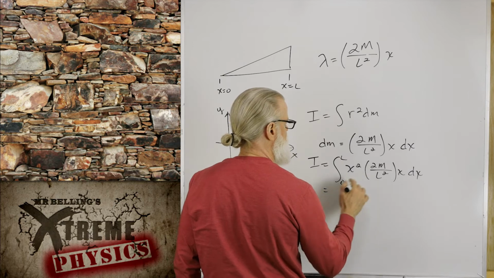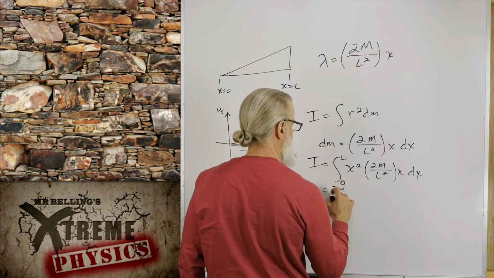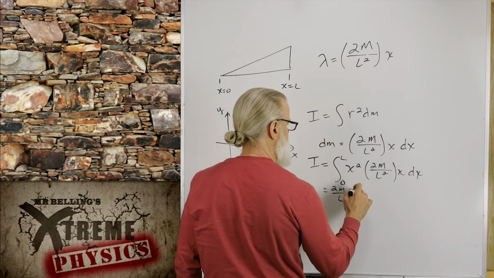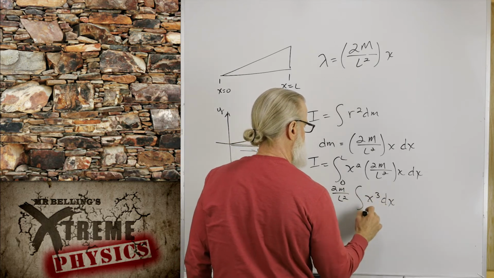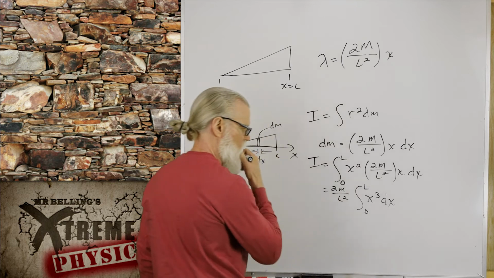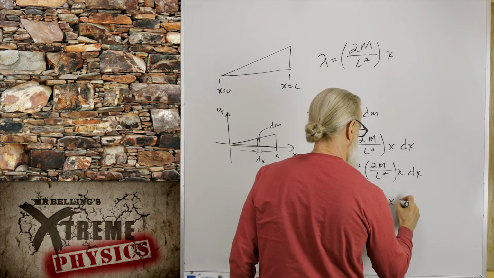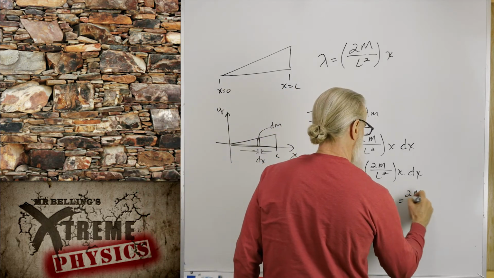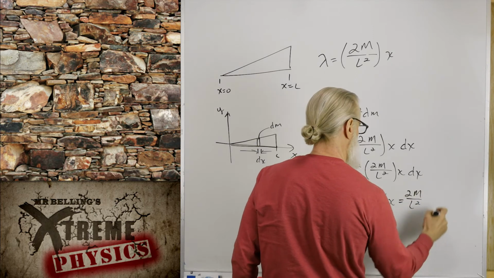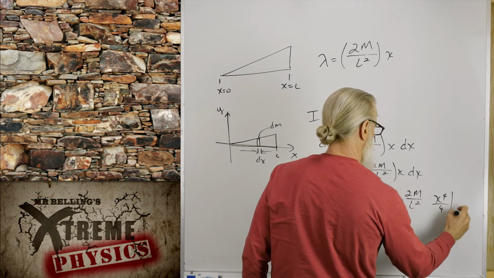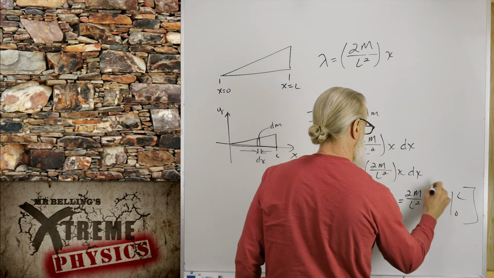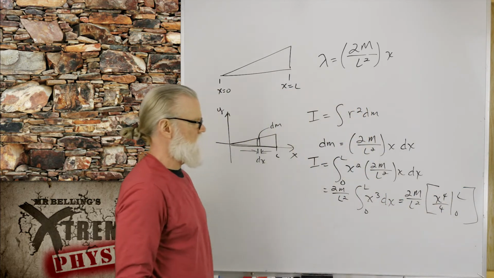I'm going to bring out the 2M over L squared. And we just have x cubed dx from 0 to L. And so this is going to be 2M over L squared times x to the 4th over 4, from 0 to L. There we go. We got that.